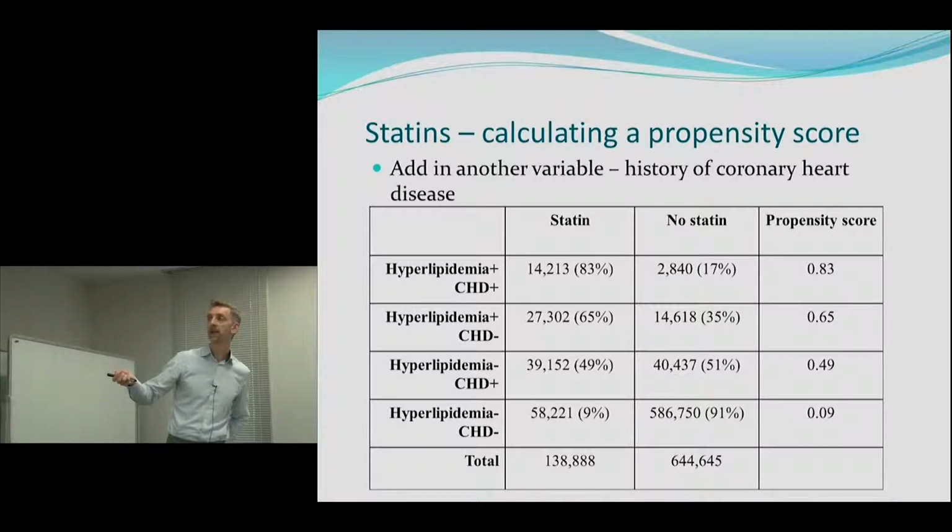It means that the propensity score for everybody in the data set who's got high lipids and coronary heart disease is 0.83. Yeah? Conversely, amongst people who've got neither high lipids nor coronary heart disease, the propensity score will be 0.09. There may still be some people in this group who do get a statin, but their propensity score is still 0.09. Okay?